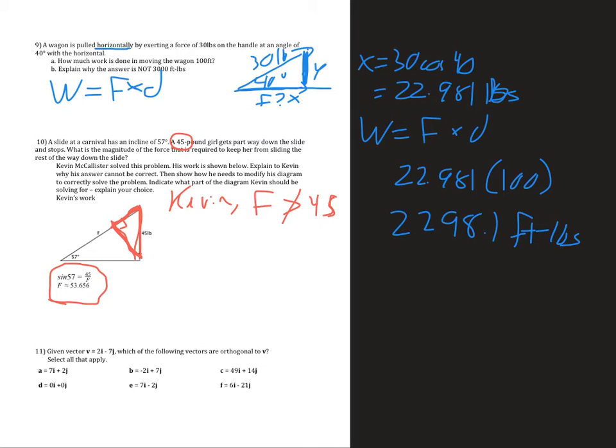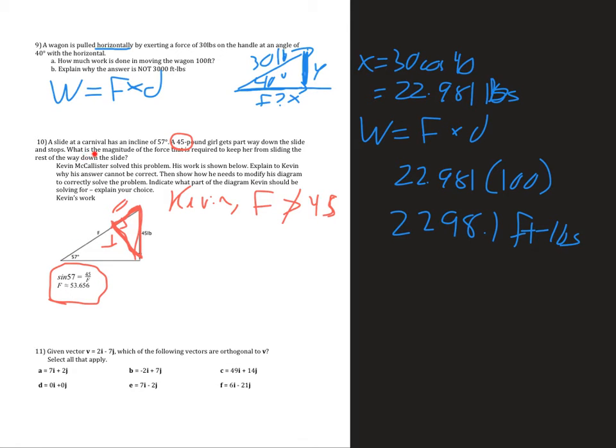You have a force that is pulling parallel to the slide, and then a force that is perpendicular to the slide. It's the parallel force that we need to counteract, because that parallel force is what is pulling the girl down the slide.